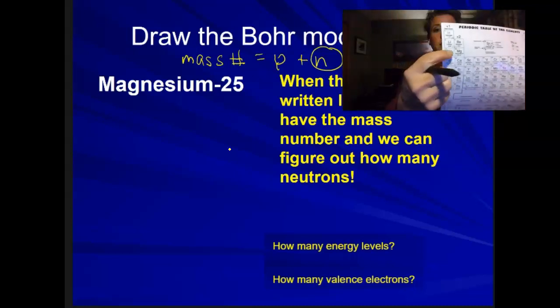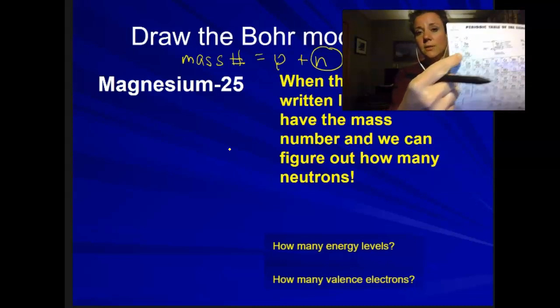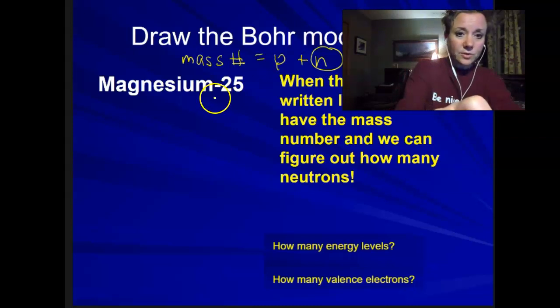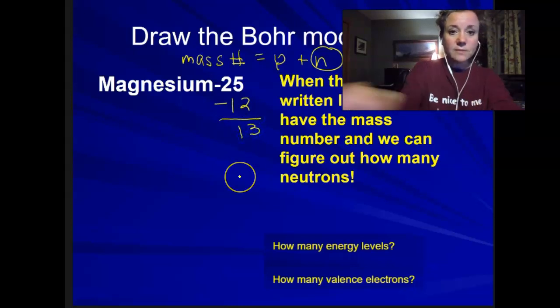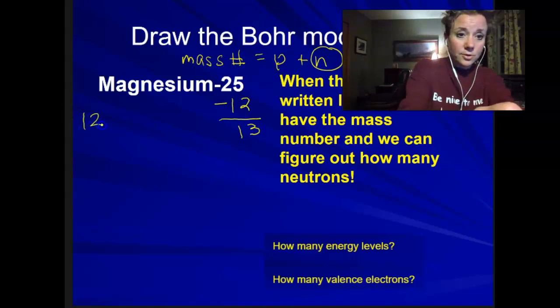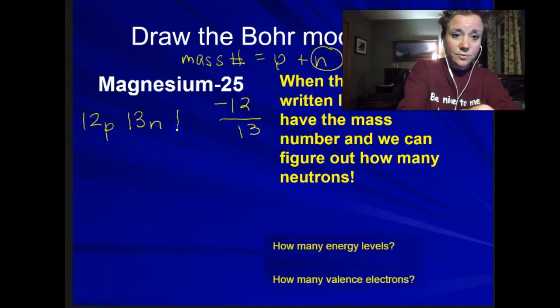You have to look here at your periodic table. The atomic number for magnesium is 12. So 25 minus 12 gives me 13. So I have 12 protons, 13 neutrons, and my electrons equal my protons, so I have 12 electrons.